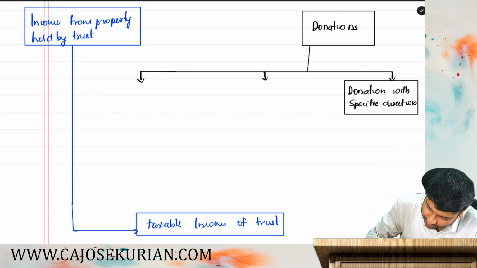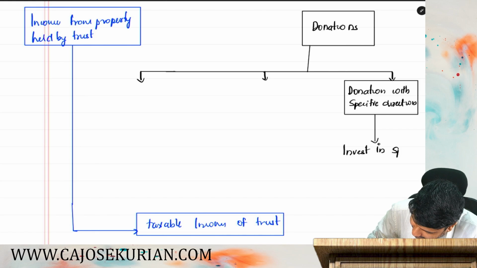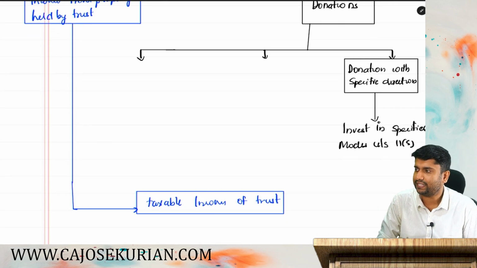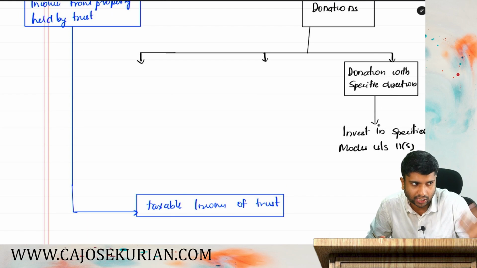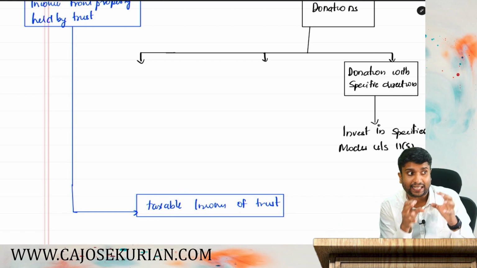What you need to do is, the trust should invest this donation in specified modes mentioned under section 11 subsection 5. Specified mode means, say for example, in your bank account or in some listed securities or listed shares, they can park this fund.